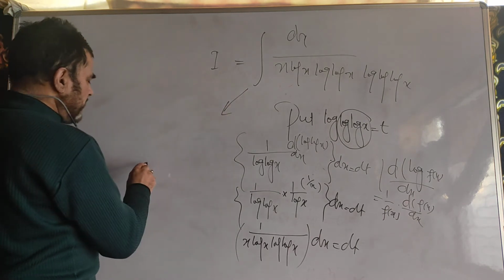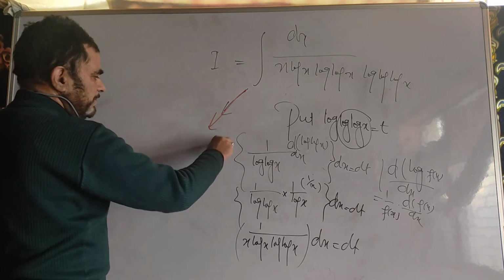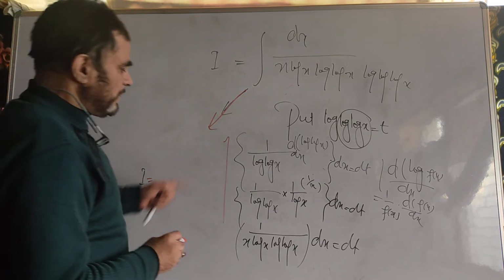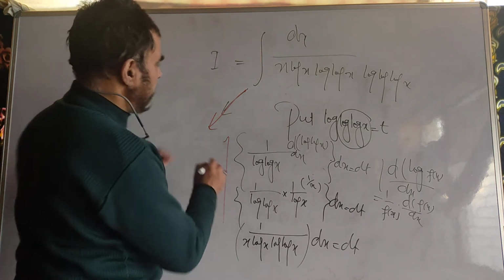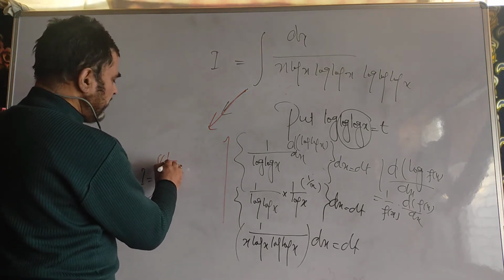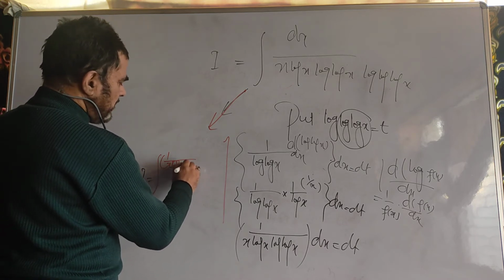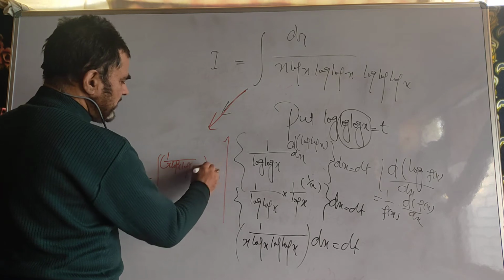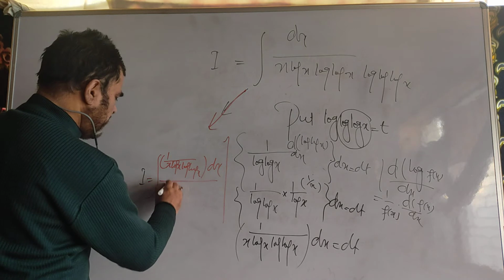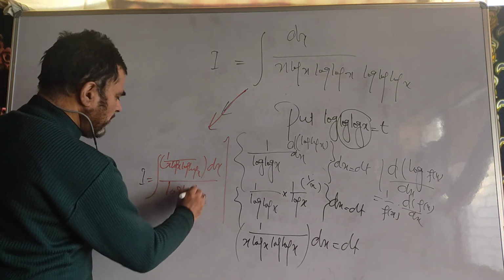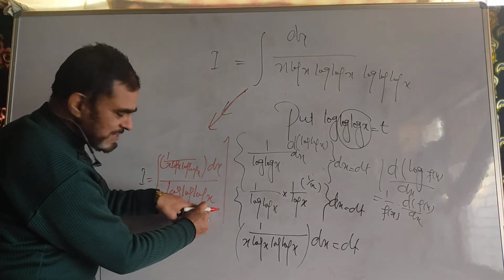Therefore, this integral I, how you proceed: I can rewrite this integral as 1 by x log x in the denominator, and in the numerator you have log of log x, dx. You put log x equal to t.